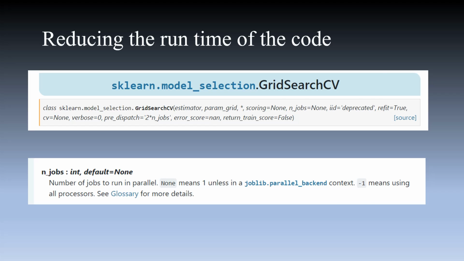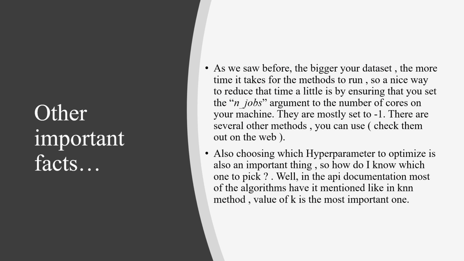This is just one of the methods. There are several of them. You can check them out on the internet. They're pretty good. Also, while choosing the hyperparameters, you must have thought, this guy's mentioning hyperparameters, but what are they? How do we choose them? Well, if you look in the API documentation of algorithms like KNN, it's provided there.